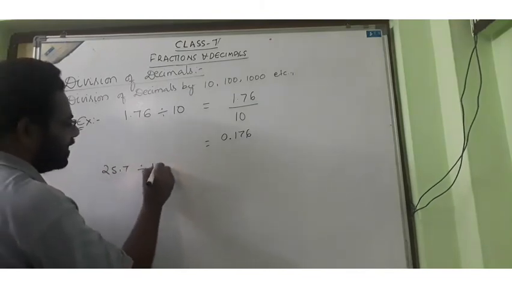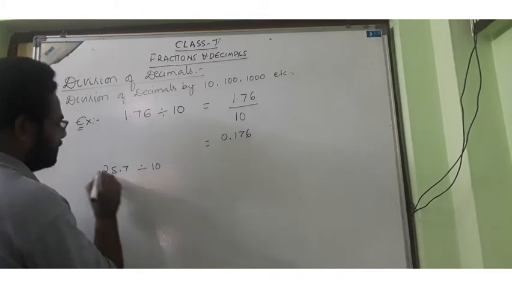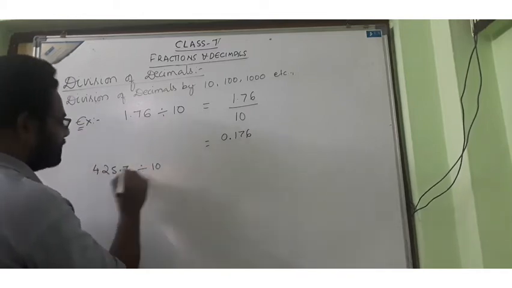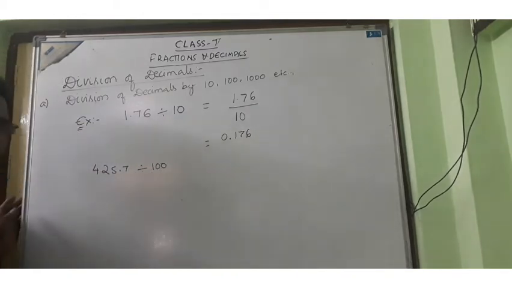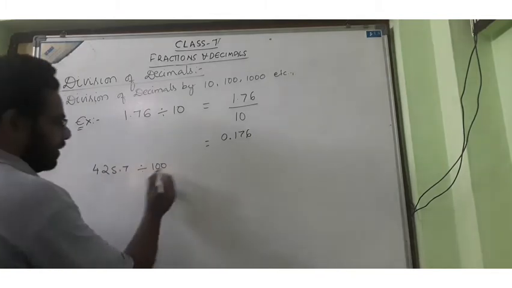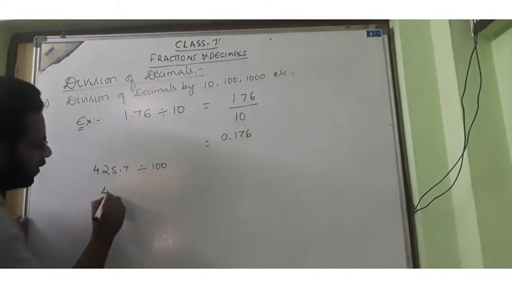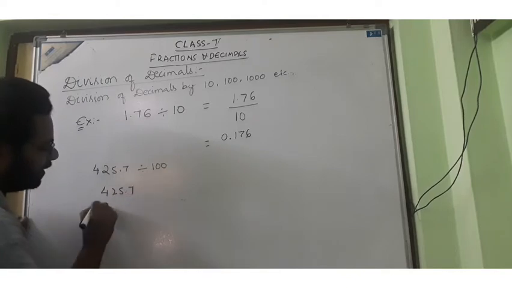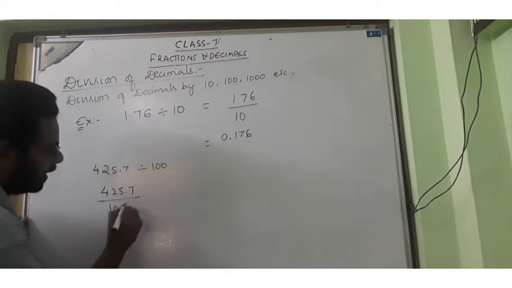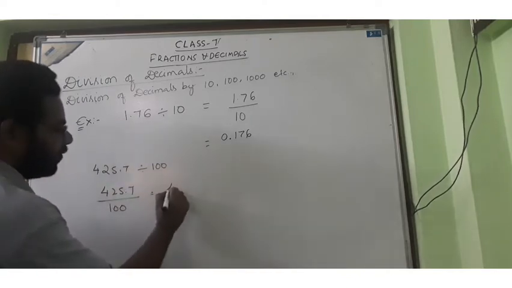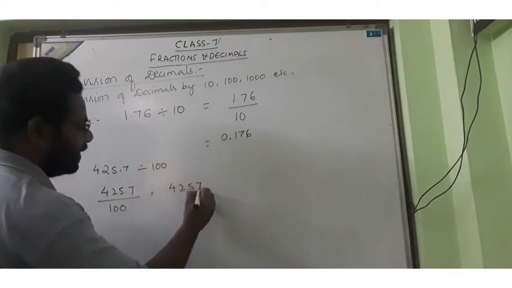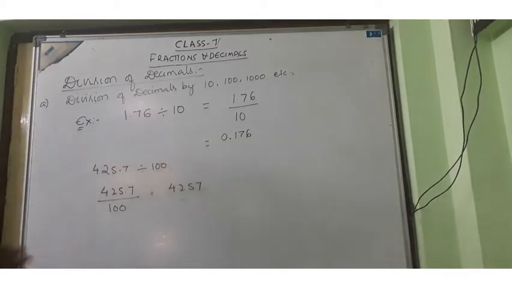Okay, we can take one more example. 425.7 divided by 100. This is the second example. So for this what to do? 425.7 divided by 100 means 4257, the numbers as it is, there will be no change.